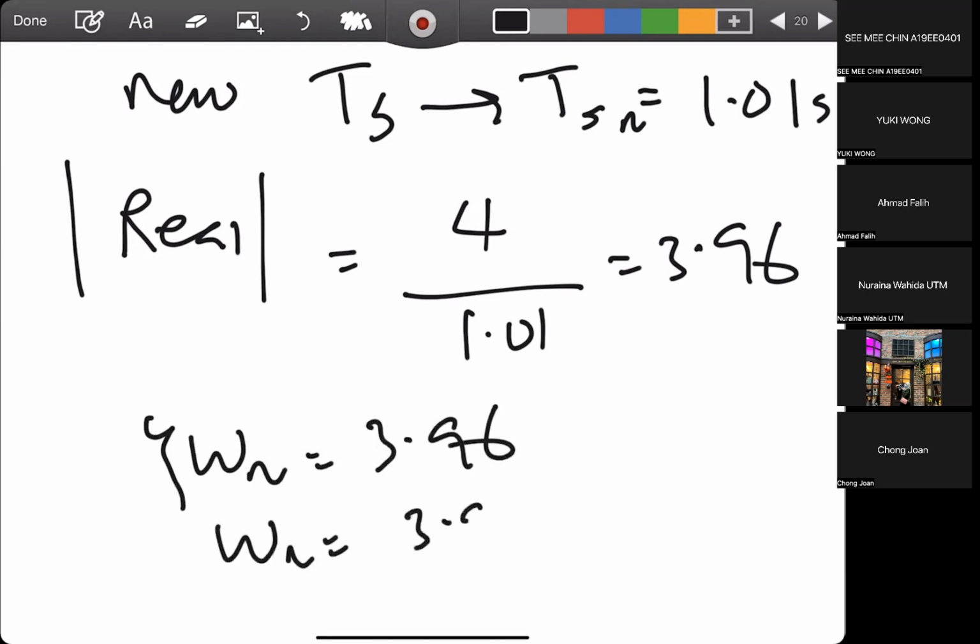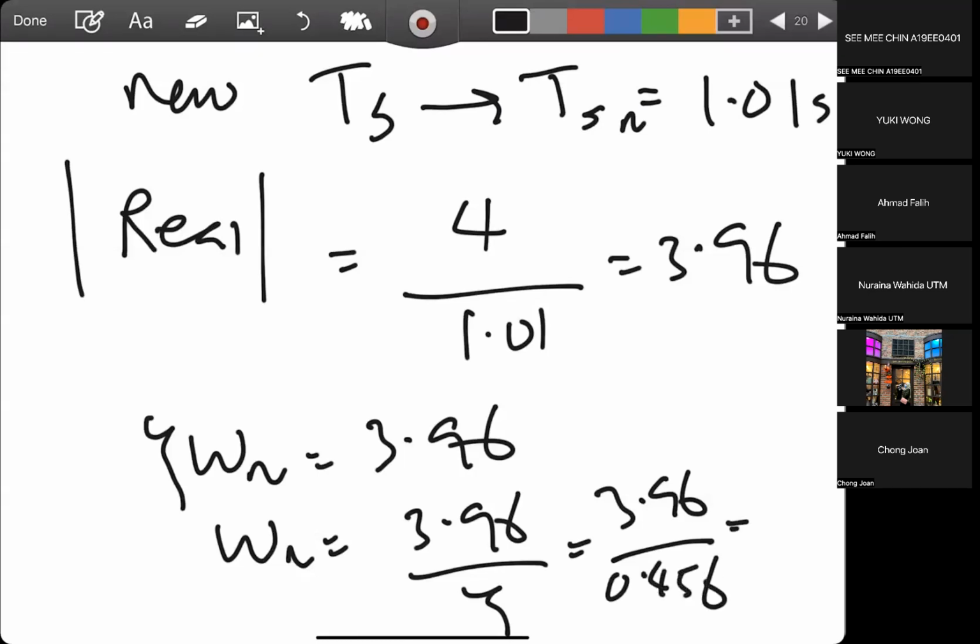But the zeta is not changing, 0.456. Okay, imaginary part.